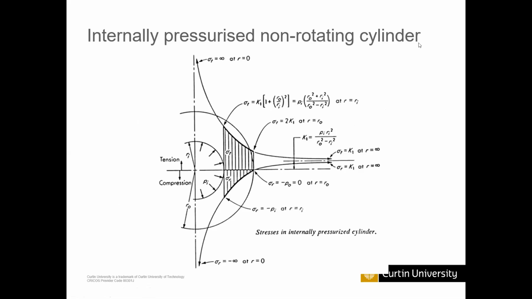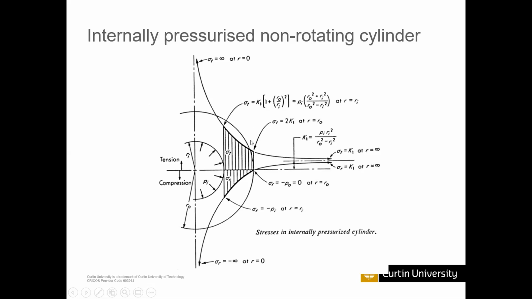So this is the cylinder, with the inner surface and outer surface. Consider the center point of the cylinder as the origin of the axis. Toward this direction, assume this is the x direction, the radial direction, and this is perpendicular to that axis. You can see the variation of the tangential stress and radial stress along the radial direction.